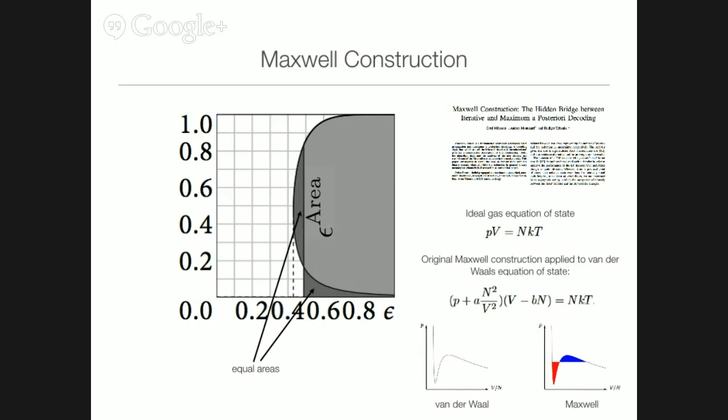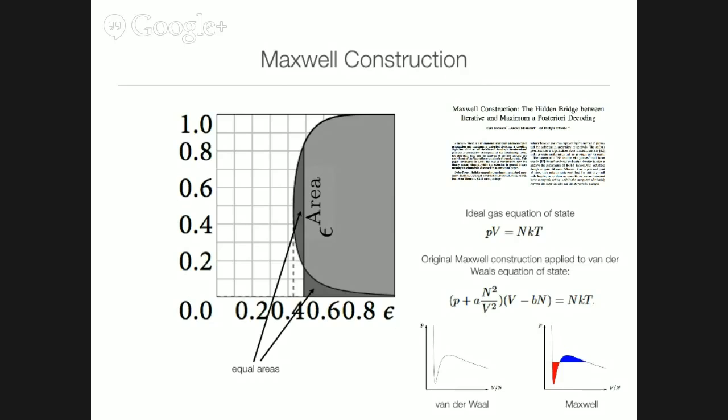And his argument was the following: if you look at some volume here, then this is actually work that's performed. If you push something against the pressure, then you have to do some work. And so basically these two areas... he said the following, unfortunately it's very hard to see. He said take this curve that you get from van der Waals, and in order to make it physically meaningful, simply substitute it with the following.